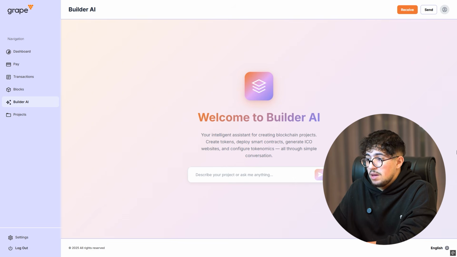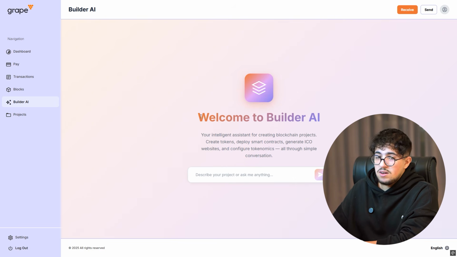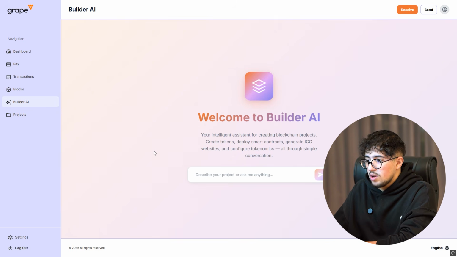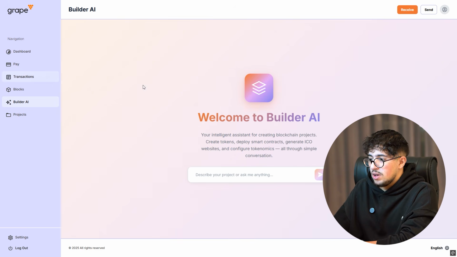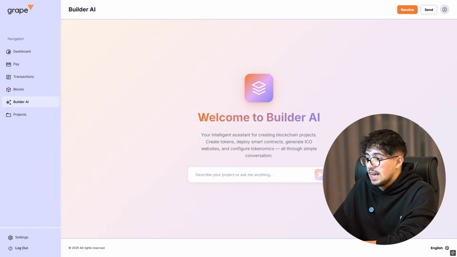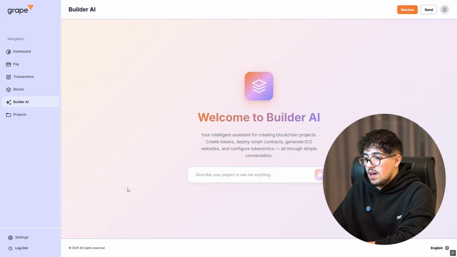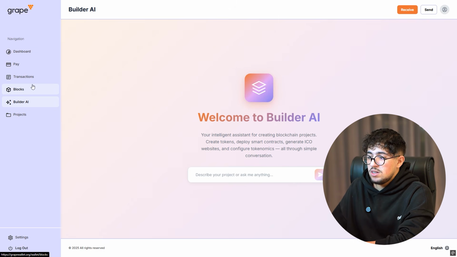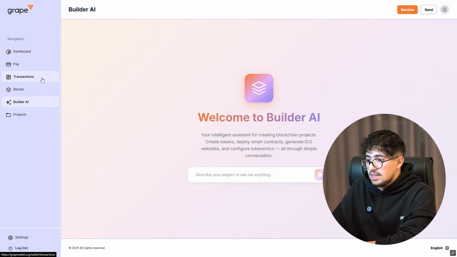This alone makes it interesting, but what we think is more unique is the AI integration. The AI builder, this is the main feature by the way. You can access it from the link in the description. Once you log in, you will see the builder interface, which is basically an AI-powered system designed to help users generate blockchain projects using prompts. The idea is simple: instead of writing smart contracts manually, you describe what you want and the system generates it.